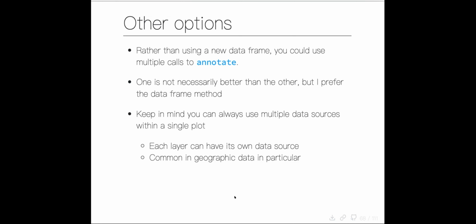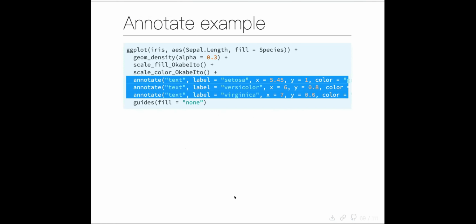And one of the things that's nice about annotate is that, with geom text, I don't know the exact reason why, but sometimes the text itself ends up looking fuzzy, and annotate will always be really sharp. So if you end up with fuzzy looking text in particular, then you'll want to move away from geom text and move towards annotate.